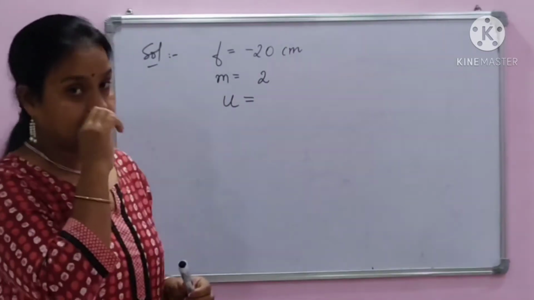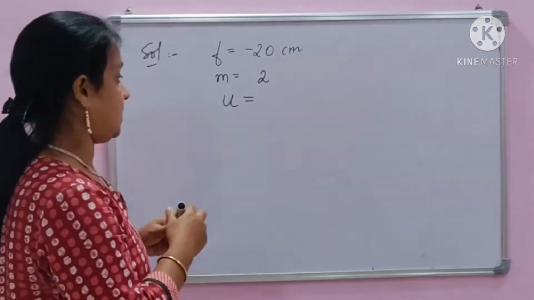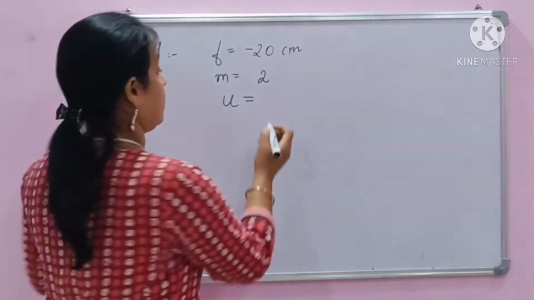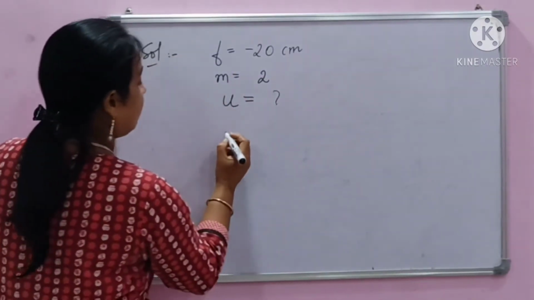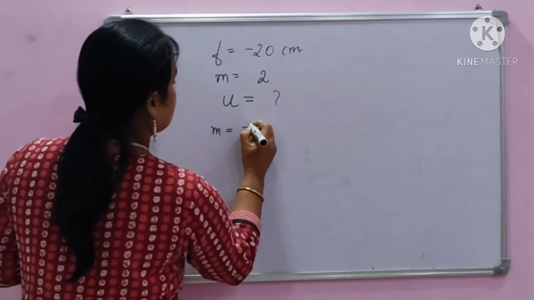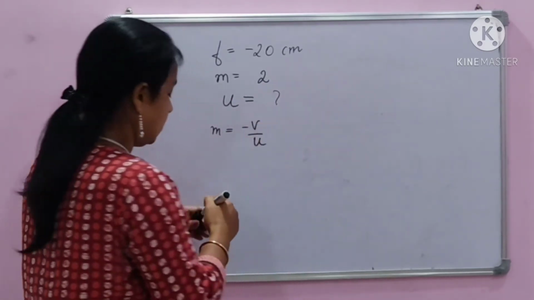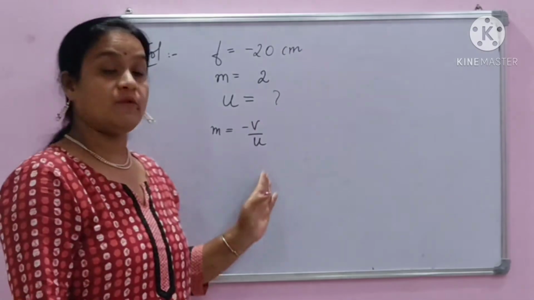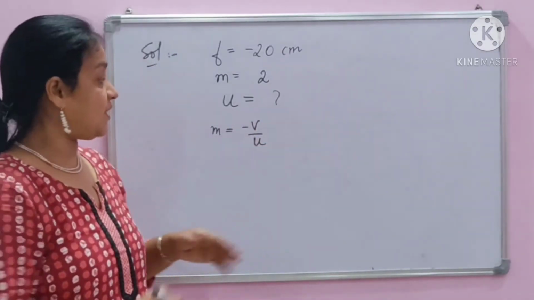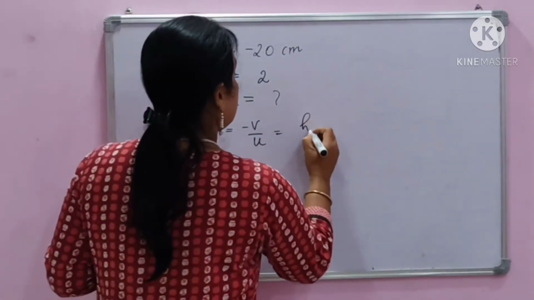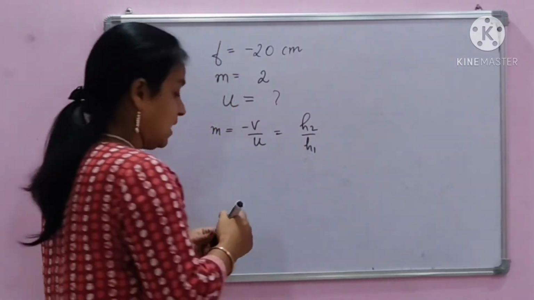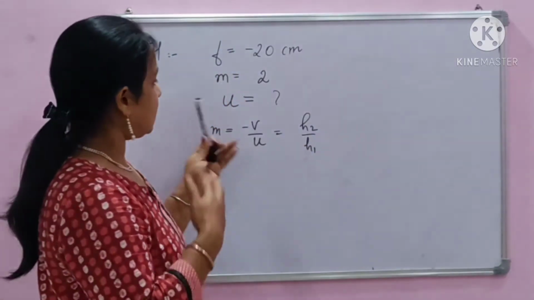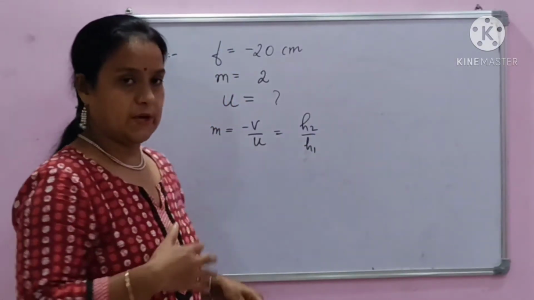Okay, now let us proceed. Here you see nothing is clear yet, because we know the formula of magnification is equal to -v by u, but we have neither v nor u, and for magnification we also have h2 by h1. This also cannot be applied. Now what to do? Let us find out what we can do here.